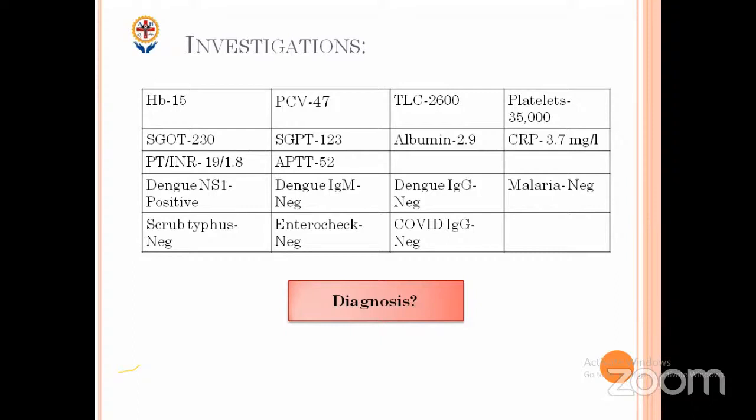Transaminases are elevated. Good. Dengue NS1 is positive, so the acute phase is positive, while IgM and IgG are negative. Okay. The rest are negative, the infective panel is negative. Albumin is on the lower side. So what is your diagnosis?